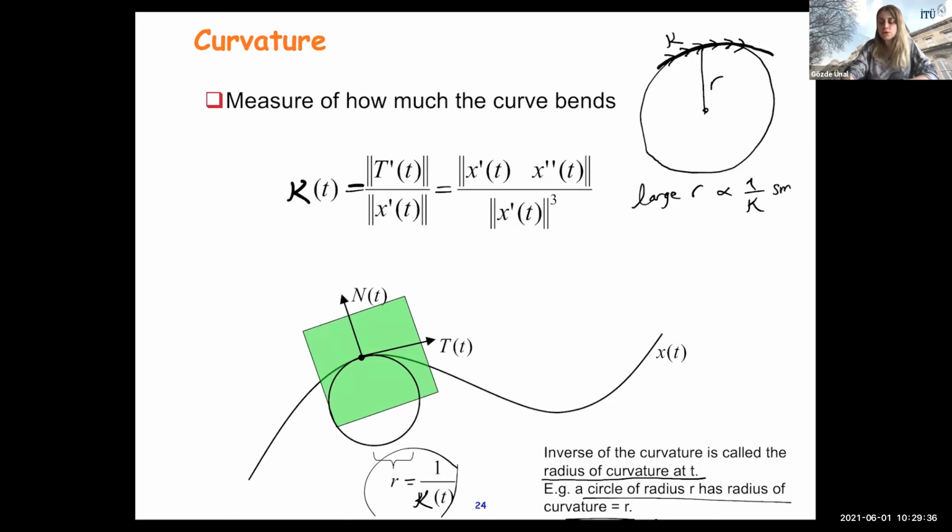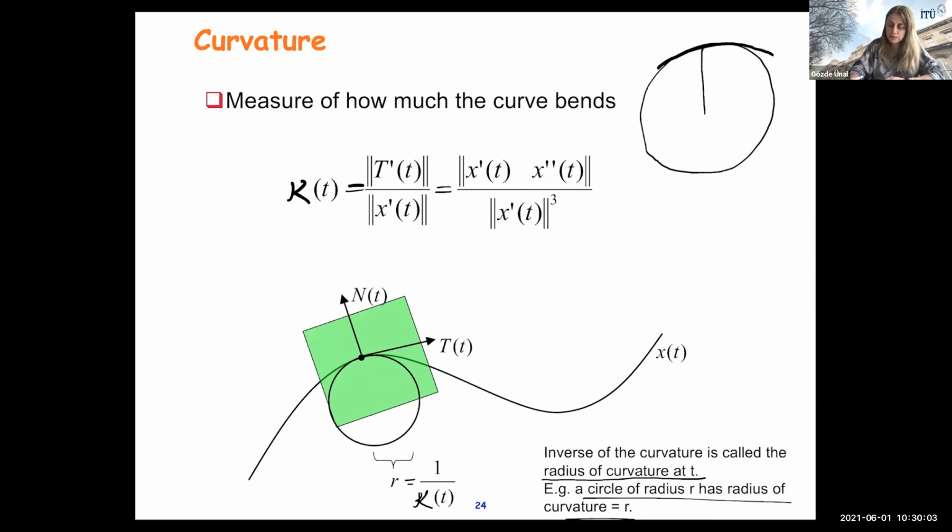This is small curvature, right? And it's obvious actually. Compare walking on a large circle to a small circle. Look at the tangent here, how the tangent changes. It was slowly changing, right? Slowly changing t.